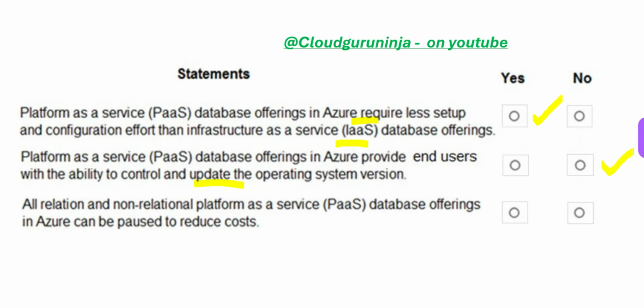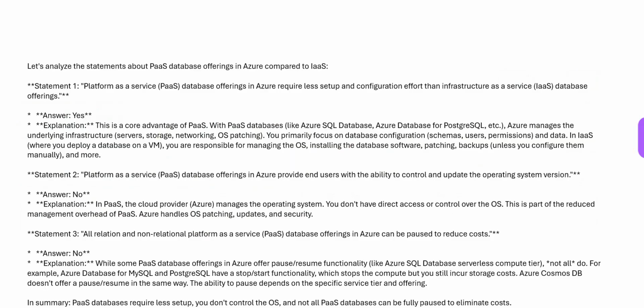All relational and non-relational platform as a service database offerings in Azure can be paused to reduce cost. If you see this explanation, you will see this piece I have mentioned here. See, PaaS data offerings, some of them have this resume feature, but not all.